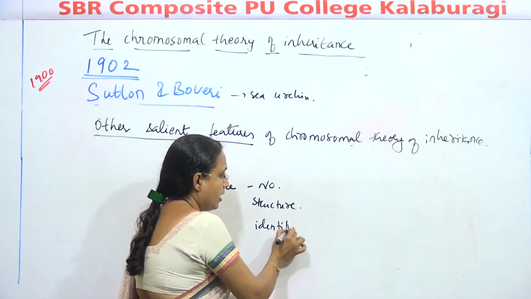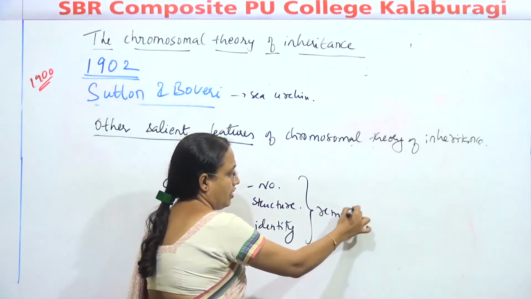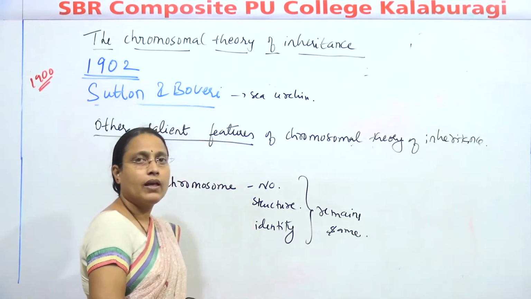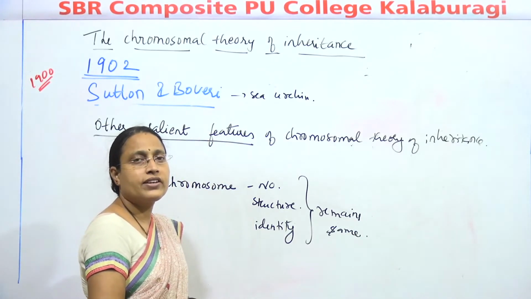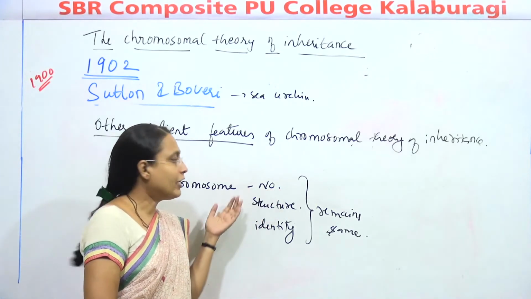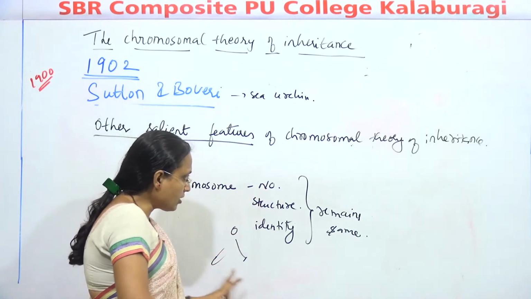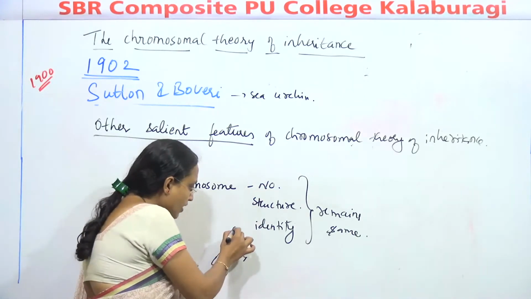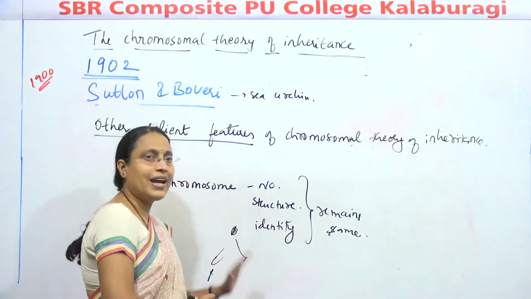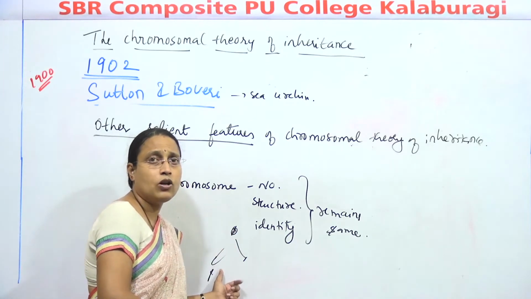Identity remains the same from one generation to the next generation. Even after passing, it will not undergo any change. If a mitotic cell divides into two, the chromosome number in the daughter cells remains the same. Its structure remains the same, and its identity remains the same. For example, chromosome 1 here will be chromosome 1 in the daughter cell also.